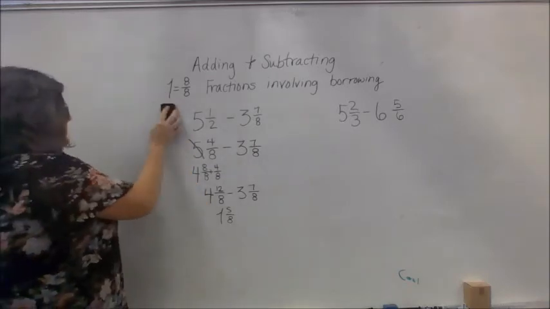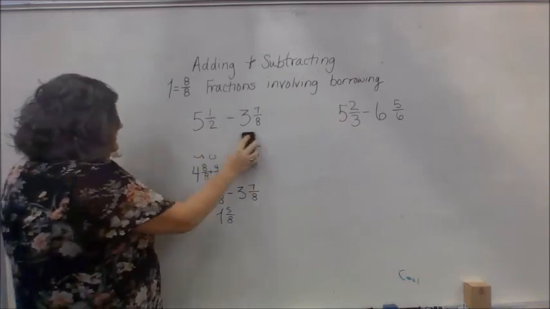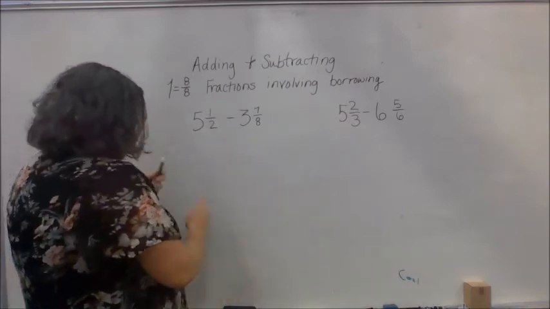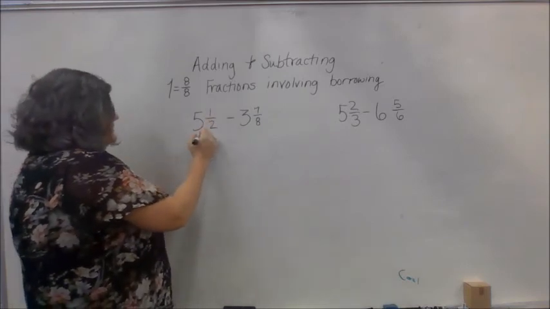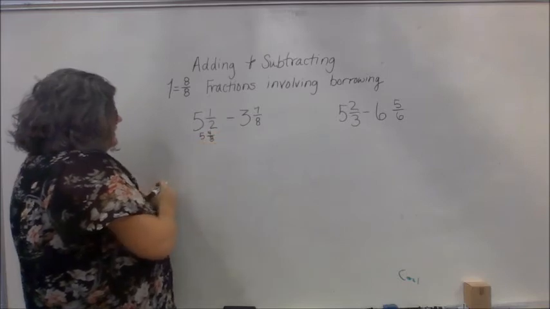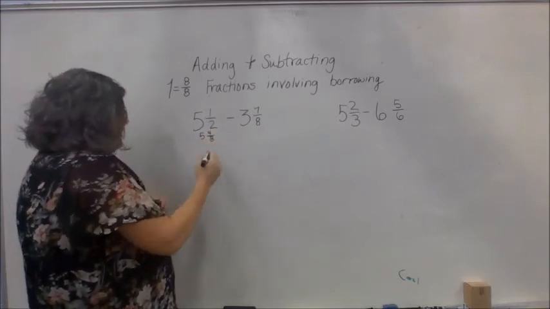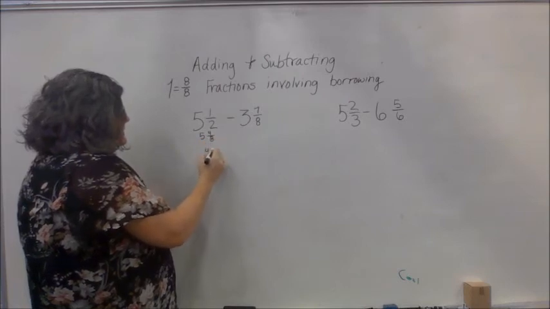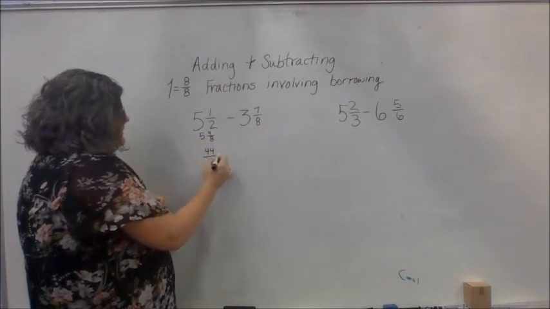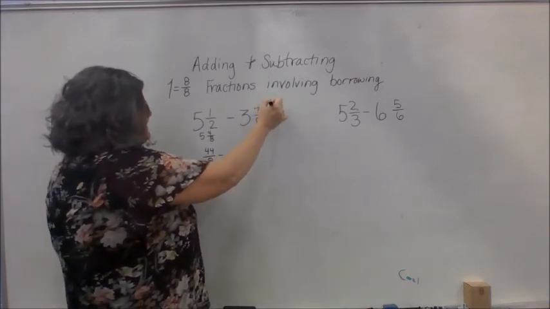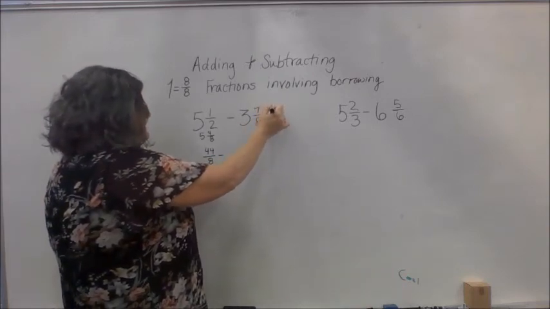So the last way I'm going to show you guys to do it just involves, first let's find common denominator. So we know that this is 5 and 4/8. And then let's just change them both to improper fractions. 5 times 8 is 40, so that's 44 over 8. 3 times 8 is 24. 24, 25, 26, 27, 28, 29, 30, 31.